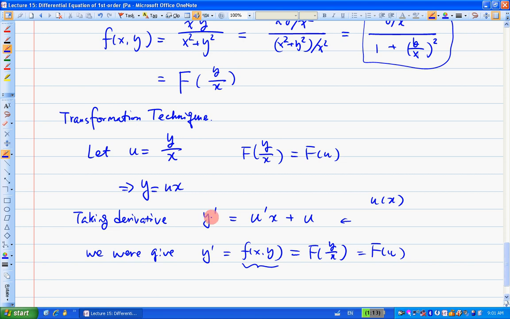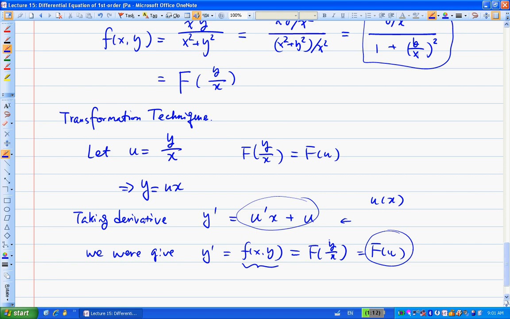In other words, they're both y prime. So you want to solve, which means this term has to be the same as this term here. Does that make sense, the logic here?